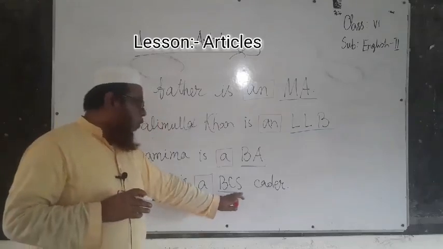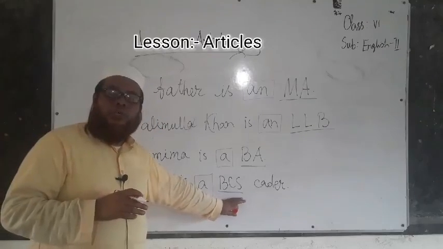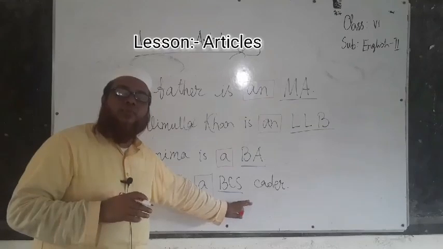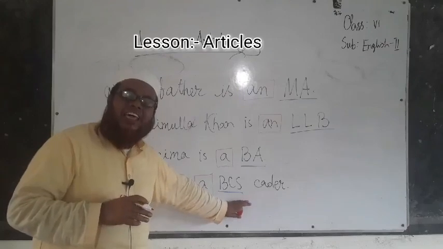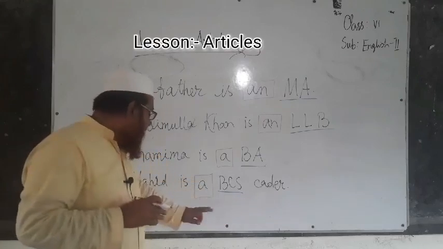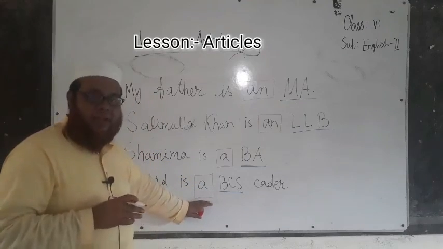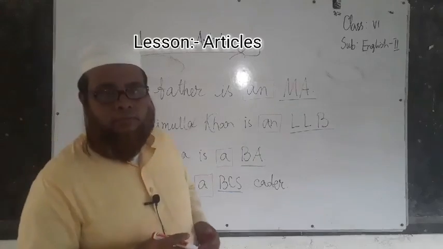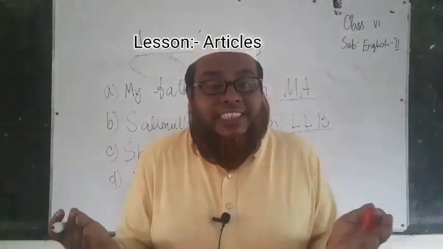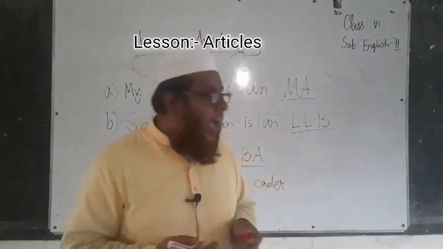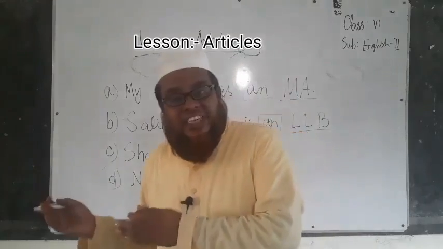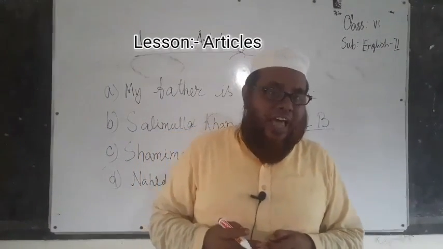In this abbreviation, we also notice that BCS is pronounced like a consonant. That is why we use here the article 'a'. I hope already you have understood in which situation we have to use 'a' and in which situation before an abbreviation we have to use 'an'.